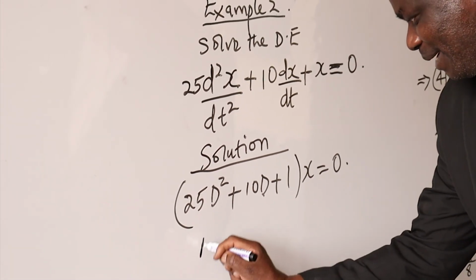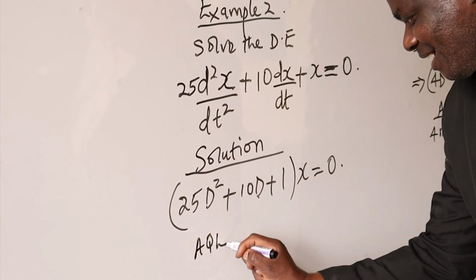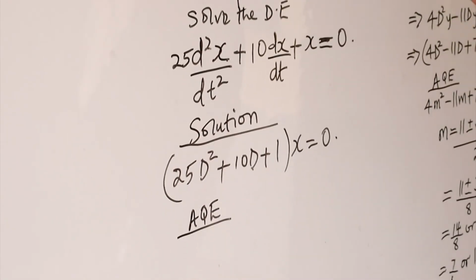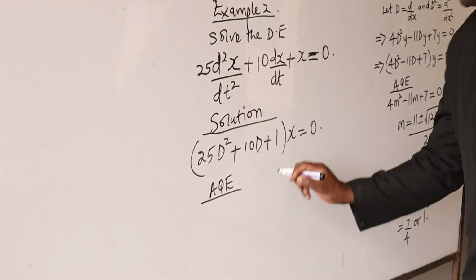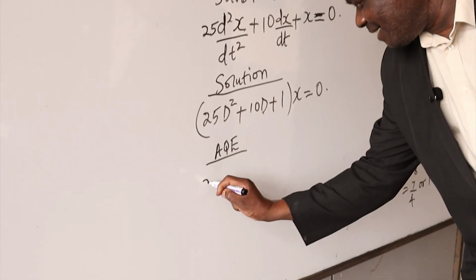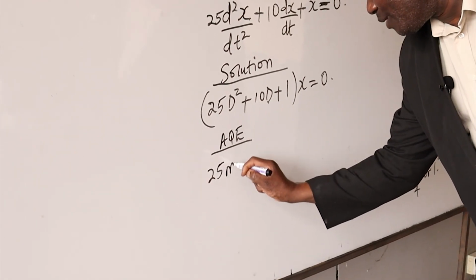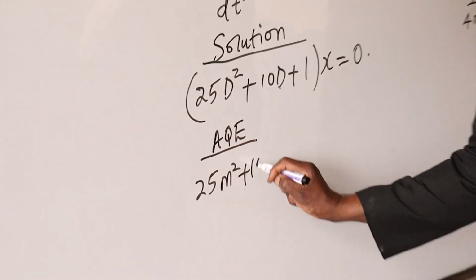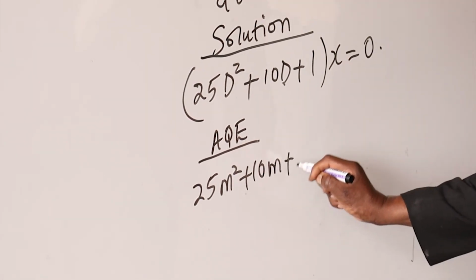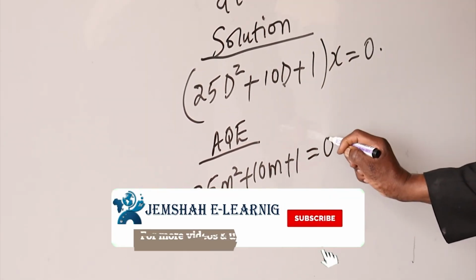From here we prepare the auxiliary quadratic equation, or characteristic equation, and that is 25m squared plus 10m plus 1 is equal to 0.